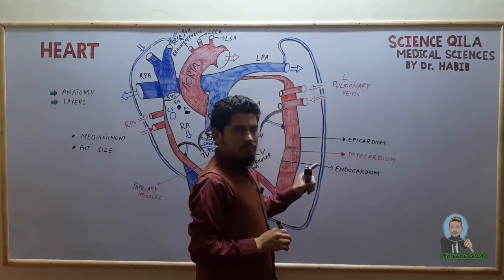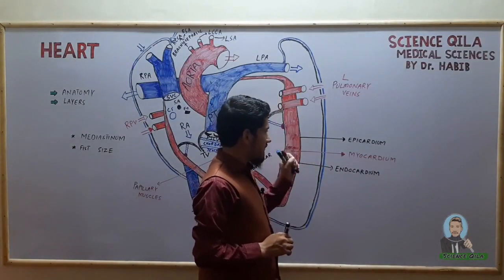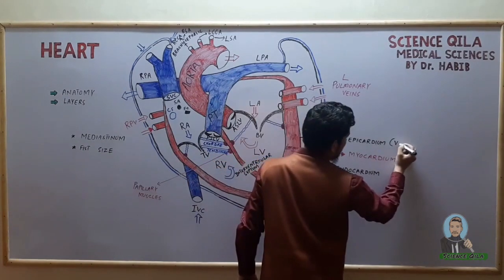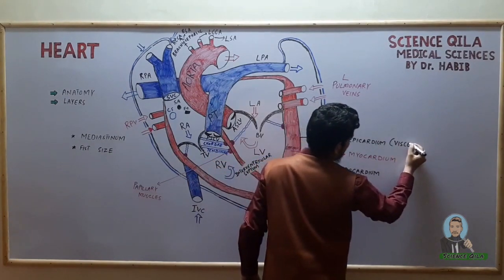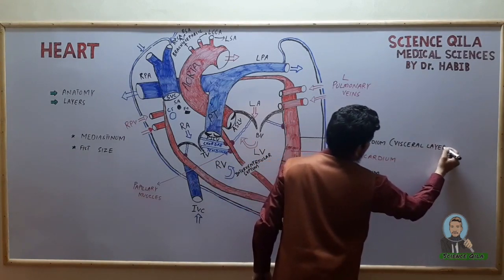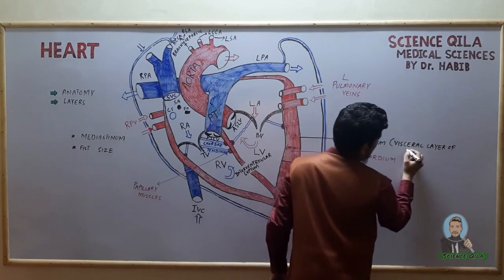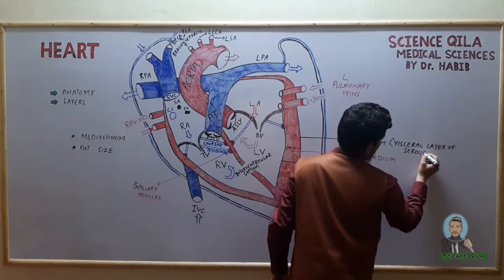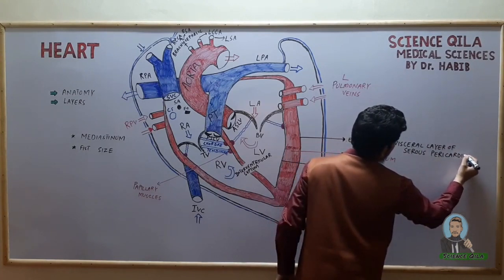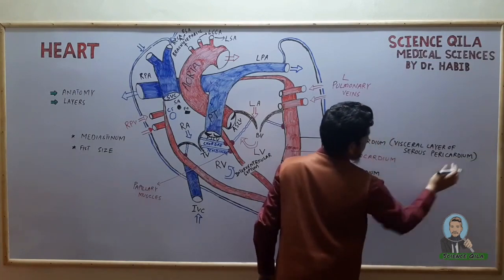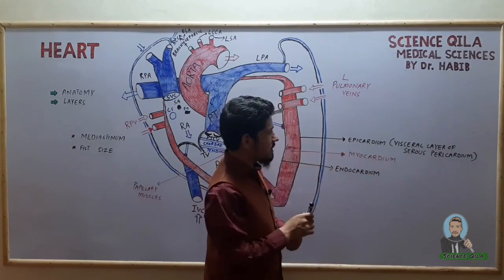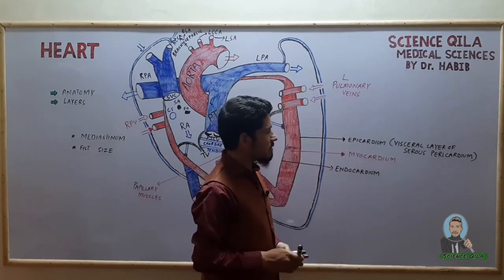And the second name of this epicardium is the visceral layer of serous pericardium. So this is called epicardium, and the second name of this layer is visceral layer of serous pericardium.